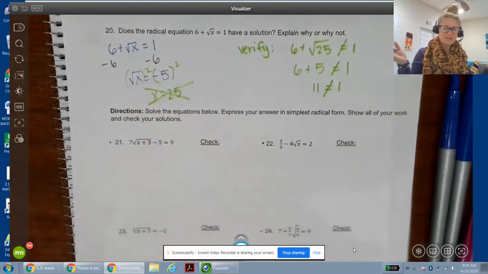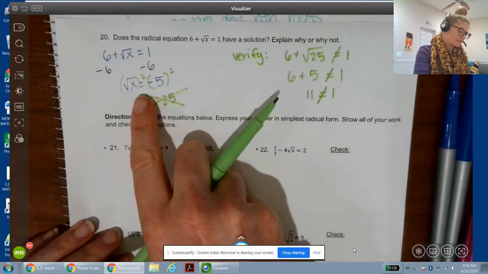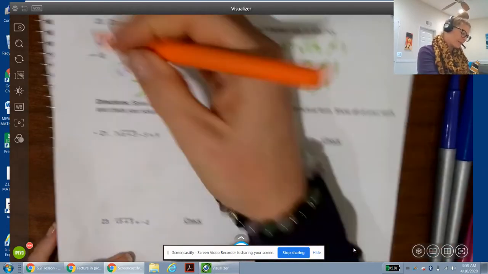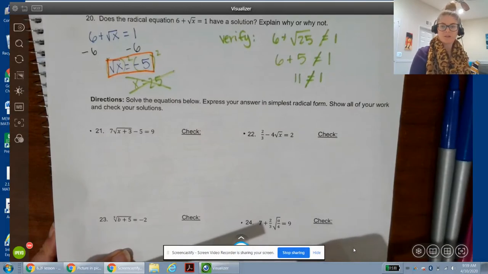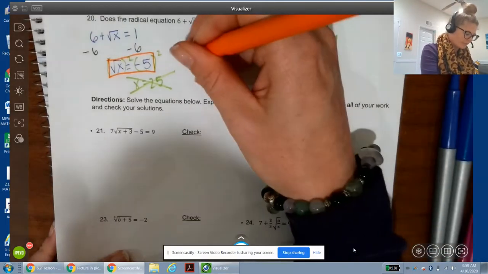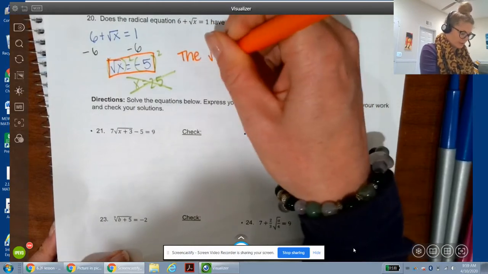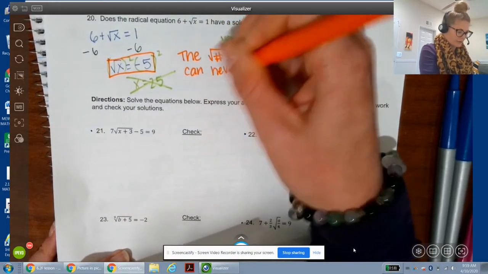It's not a solution because it does not make the equation true. So you might say, but I used my inverse operations. Doesn't matter here. Here you have to take a look. This statement right here lets you know that there's no solution. The square root of a number can never be negative.